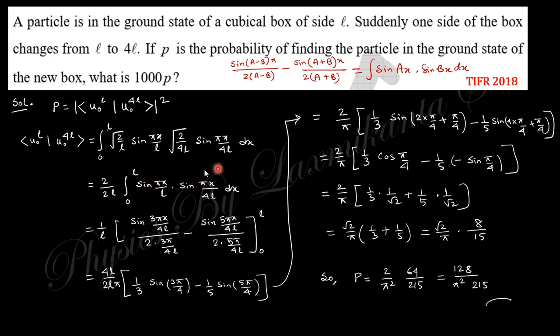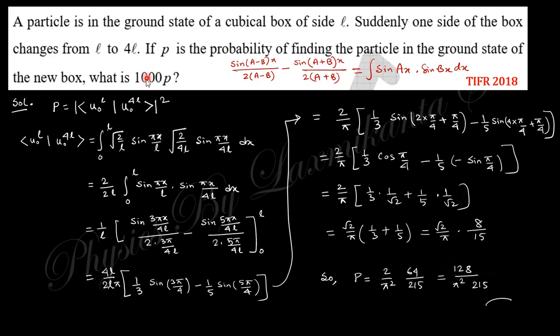And this integration can be done directly using this formula. Otherwise you can take the half, which comes into cos, and then integrate. Otherwise you can remember this one very easily: sine ax sine bx equals sine (a minus b)x by 2(a minus b) minus sine (a plus b)x by 2(a plus b). Simply using this formula we can calculate this very easily. You can check this calculation, very easy, no problem.